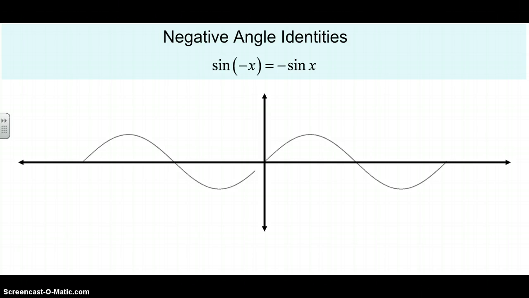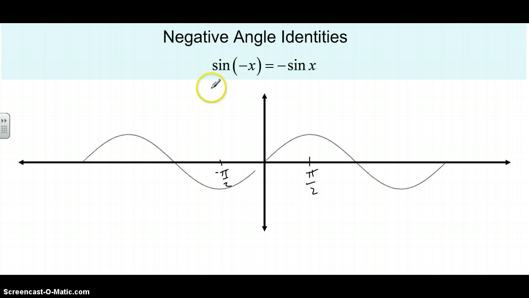Take a look at the negative angle identities, and sine of negative x equals negative sine of x. This is all true based upon the graph, and we can see that by looking at just one value. Here's pi over 2. Here's negative pi over 2.